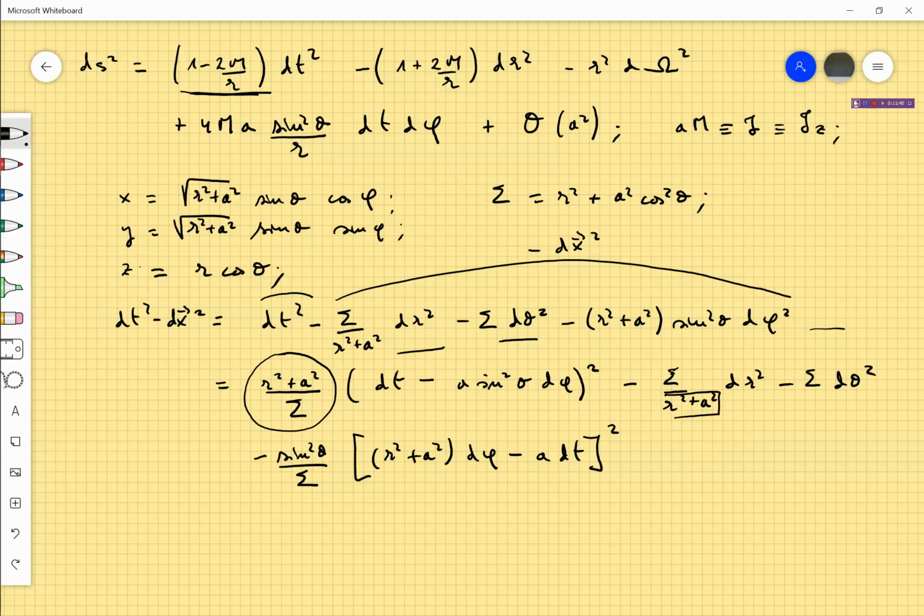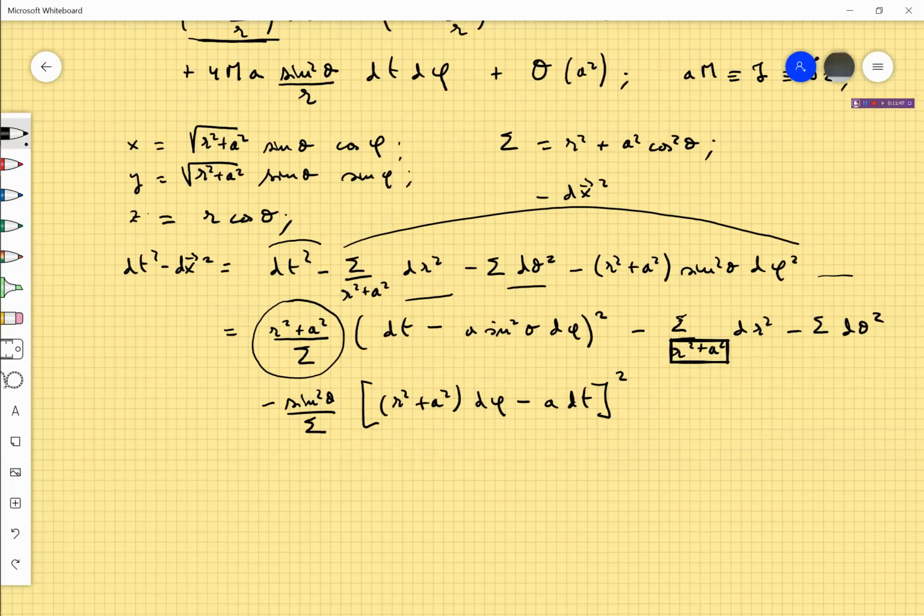You would replace this by another arbitrary function. In fact, you should do the same here. If you just replace the whole thing by an arbitrary function of r, you would never get back to this, because this depends on sigma being r squared plus a squared cosine squared theta. So you just replace r squared plus a squared here by some function of r, and here by a different function of r.